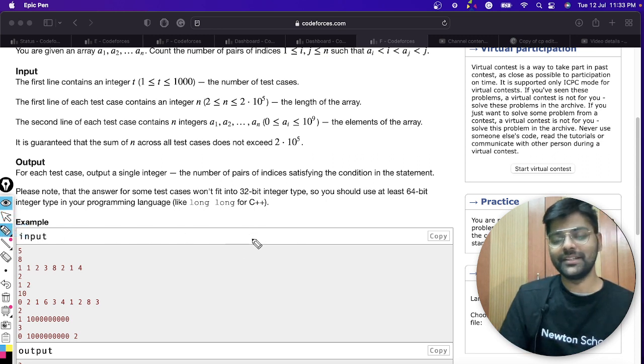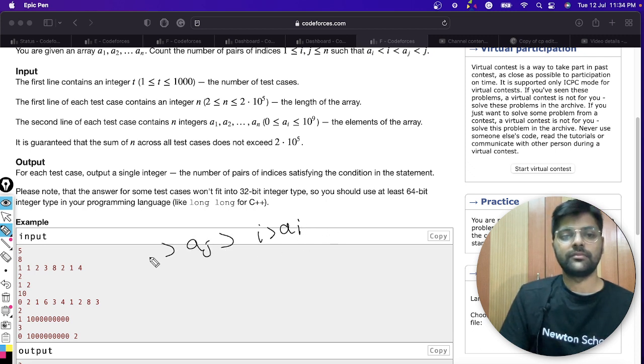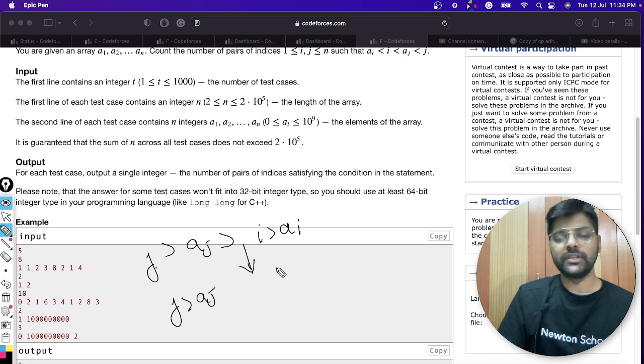So let's say it is given that i greater than ai. I am dividing it into parts: j greater than aj, i greater than ai, and aj greater than i.